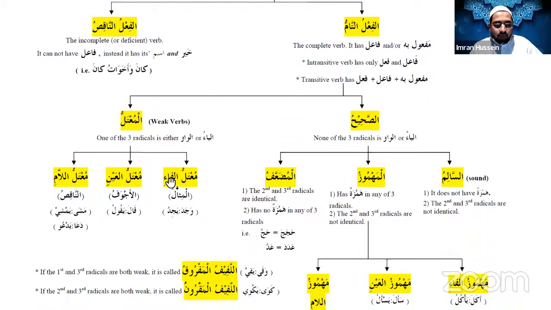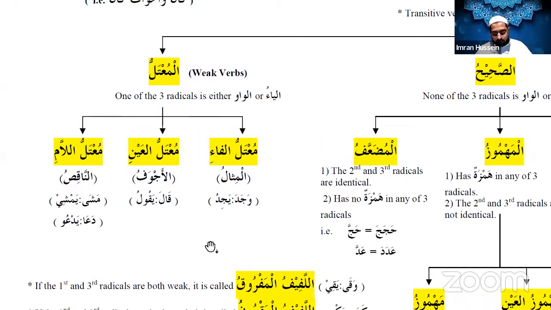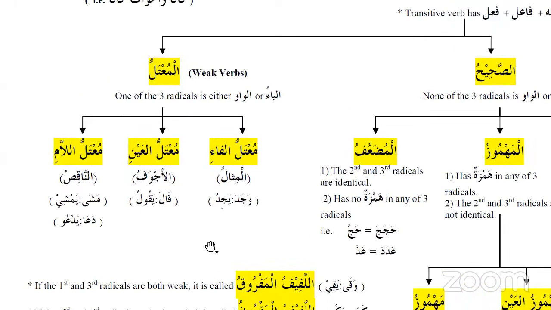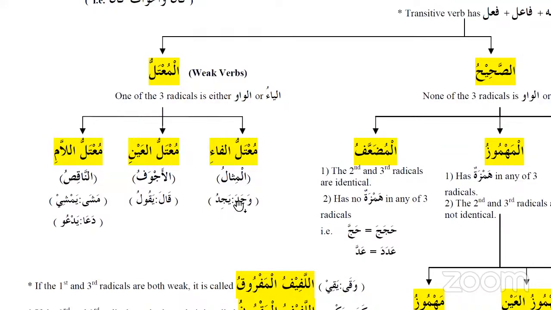Weak verbs, yes. Now, if the weak letter is in the fa, ain, or lam, what are the names given to these types? They are al-mithal, al-ajwaf, and an-naqis.